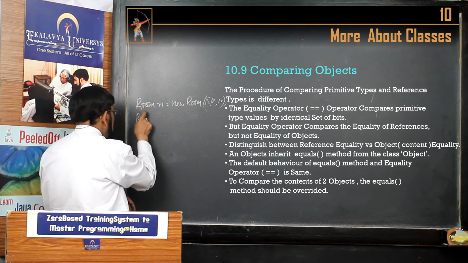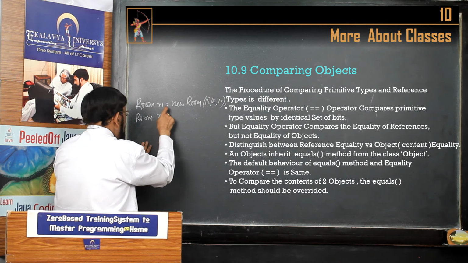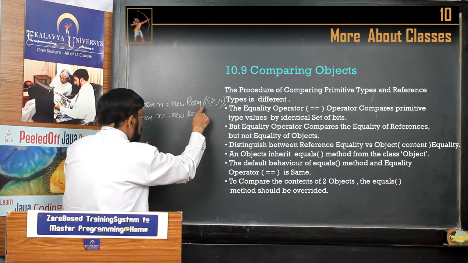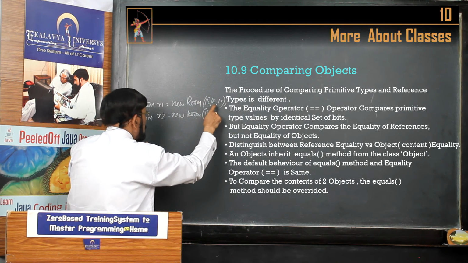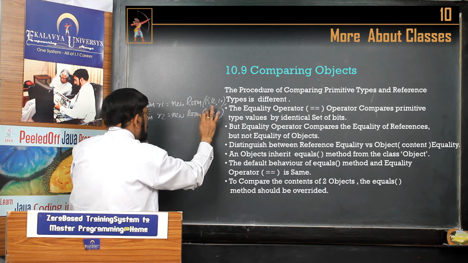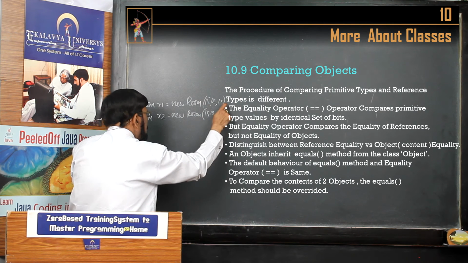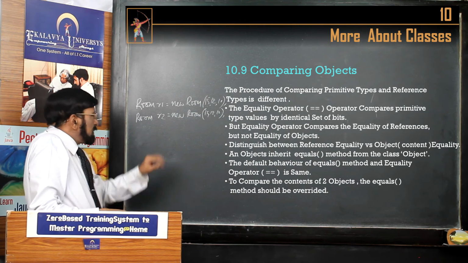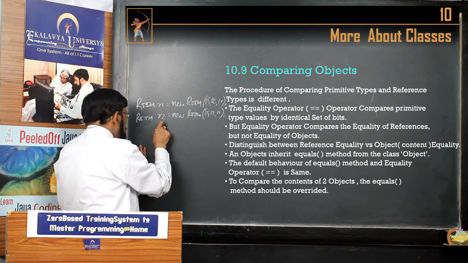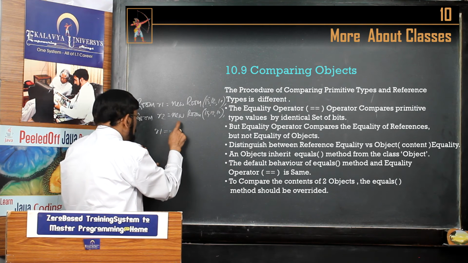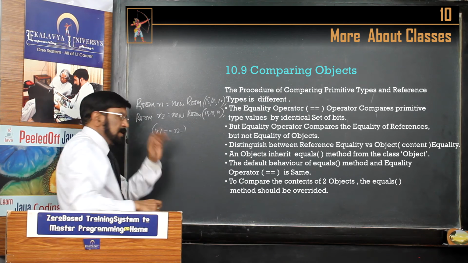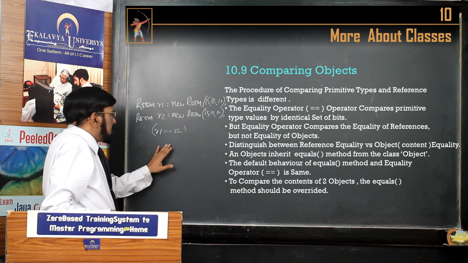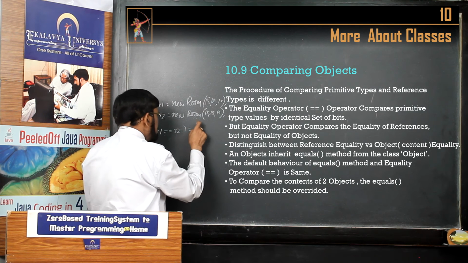Suppose with the same values, Room R2 equals new Room, 15, 12, 10. Now, this is somewhat of an issue to be focused on. If you write the expression R1 equal to R2, what is the result? The result is false.